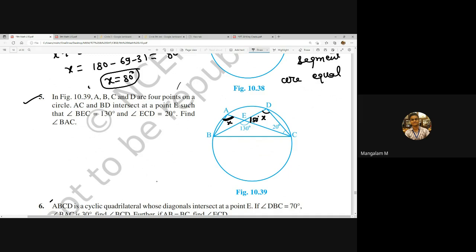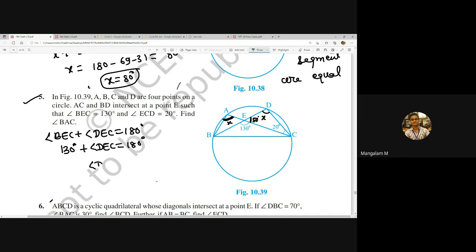BED is a straight line and BEC, okay, let me write over here, angle BEC plus angle DEC is equal to 180 degrees. This is 130 plus DEC, ये हमें नहीं पता है, is equal to 180 degrees.